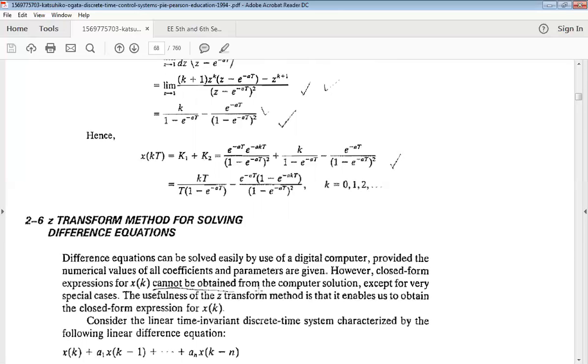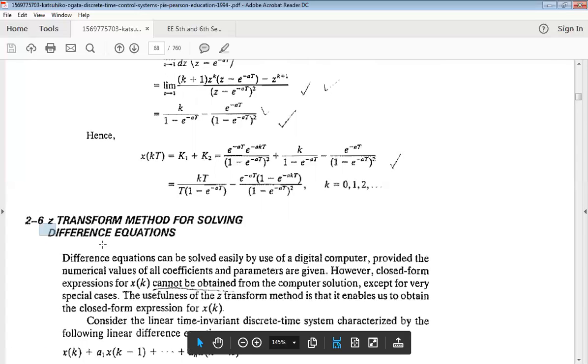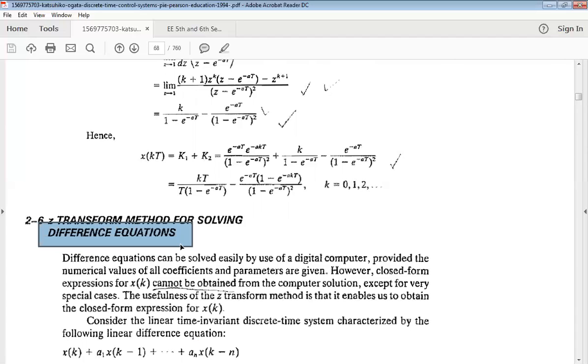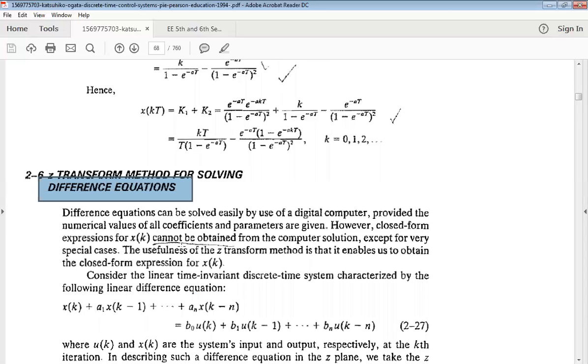But in digital control system, generally the relationship between input and output is expressed in terms of difference equation. What? Difference equation, not differential equation, but difference equation.